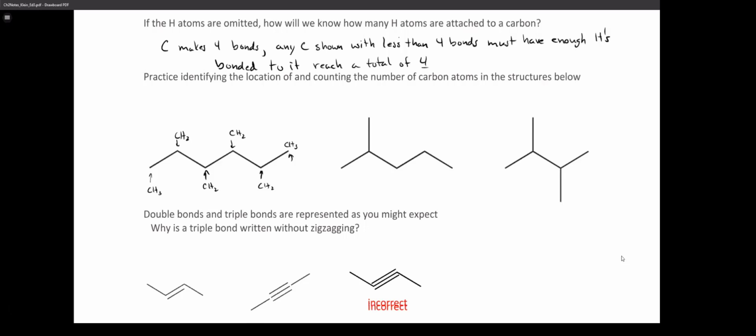How about this one? Let me draw this as a condensed structure. So this would be, let's see here. So this will be a CH3. When you're first learning it, maybe it's easier just to draw in hydrogens like that. So now there's 4 bonds. How many hydrogens would be on this carbon right here? Just 1. Good.